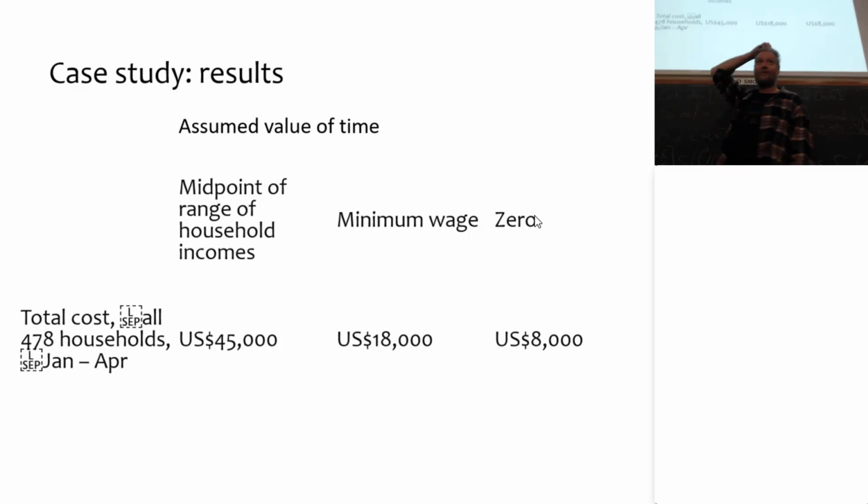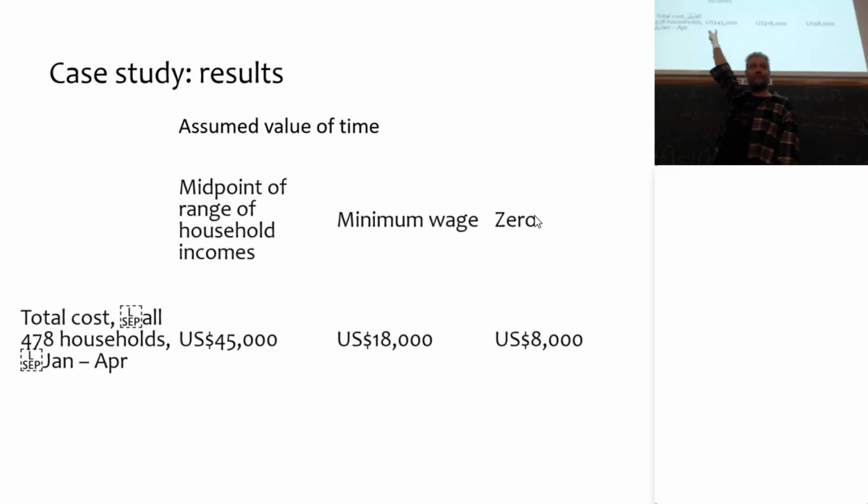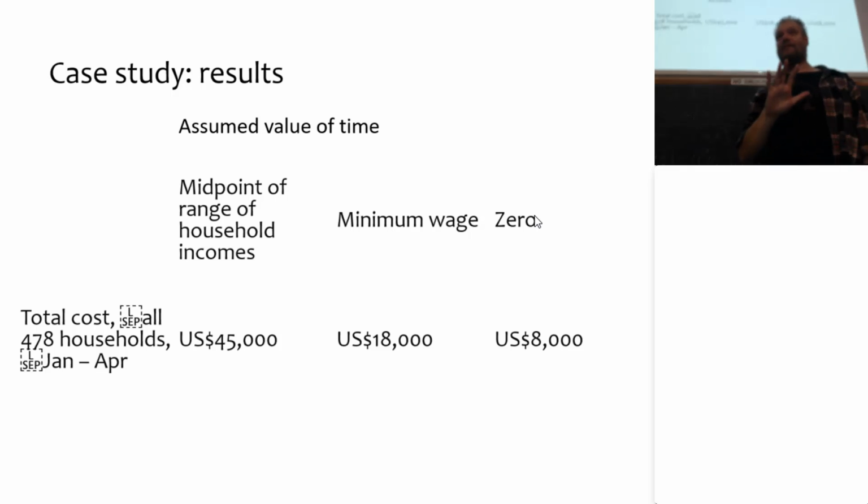If you set it at the mid-range of the income range in this part of the world, then the total value is 45,000. If you ignore the opportunity cost of time, then it goes down to 8,000. So the big element in this particular case study, in this particular cost estimate, is the value of time.